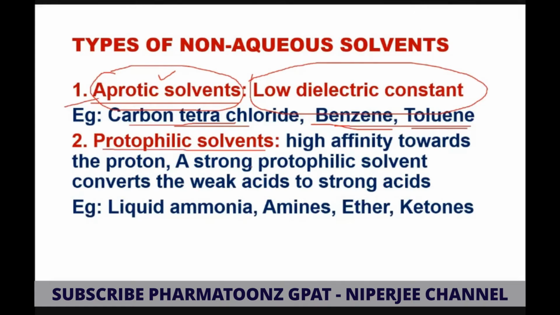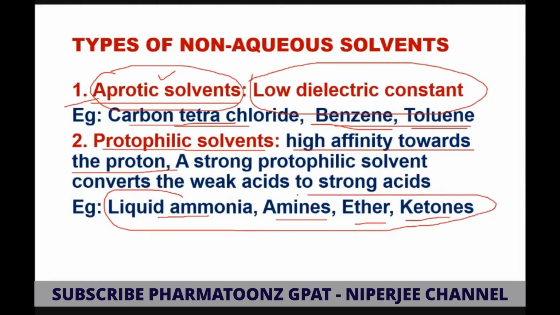Next is the protophilic solvent. A protophilic solvent has a high affinity towards the proton, like liquid ammonia, amine, ether and ketones. If you look at the structure of all these solvents, liquid ammonia has an ammonia group where nitrogen has a lone pair, amine also has a lone pair, ether has an oxygen which has a lone pair, and ketone has a carbonyl carbon where oxygen has a lone pair.